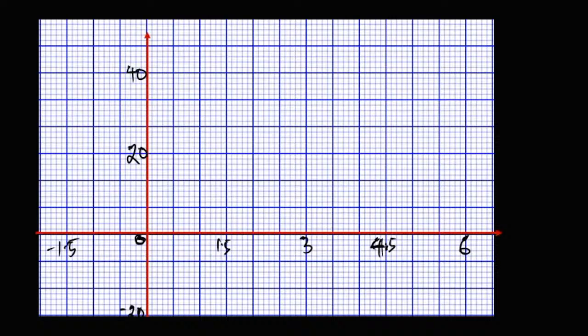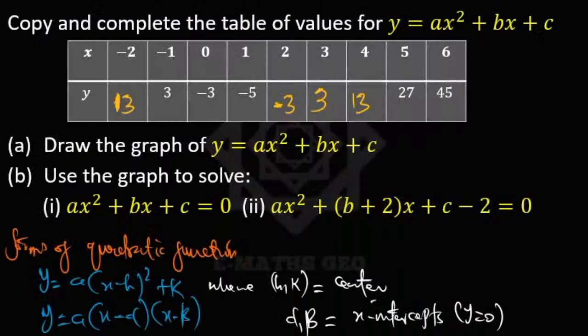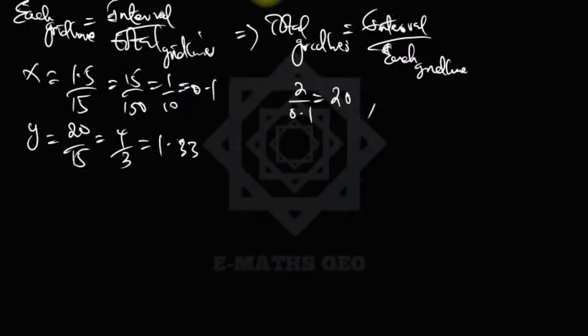Let's locate 13. For y, it is 13 over 4 over 3, which is 39 over 4. That's 9 remainder 3, so 9.75 grid lines.